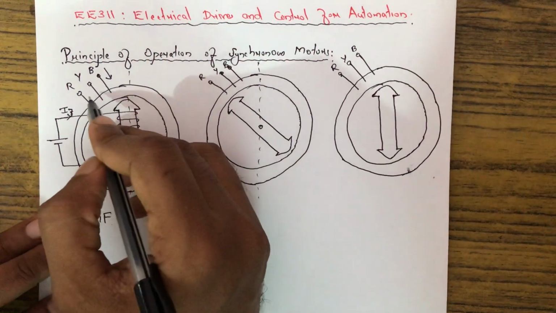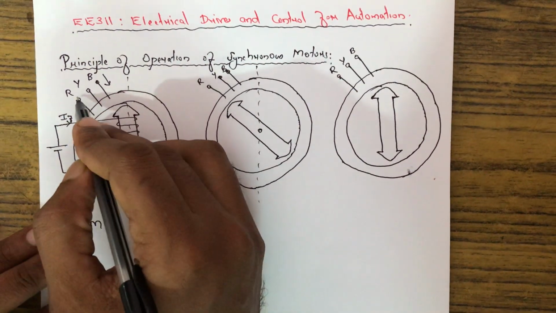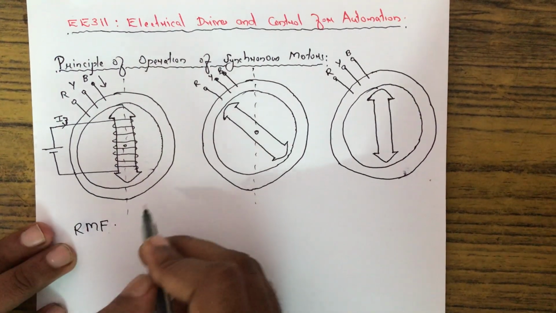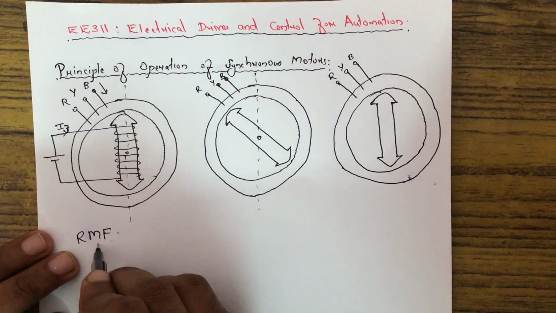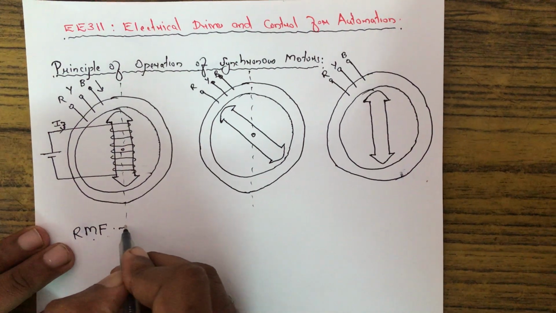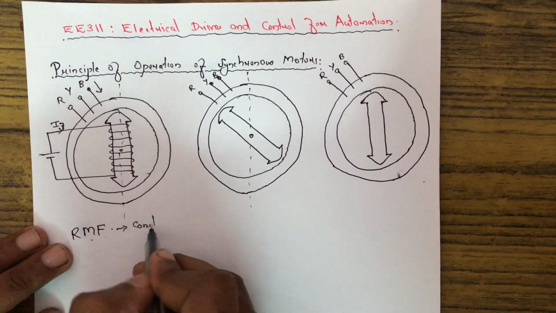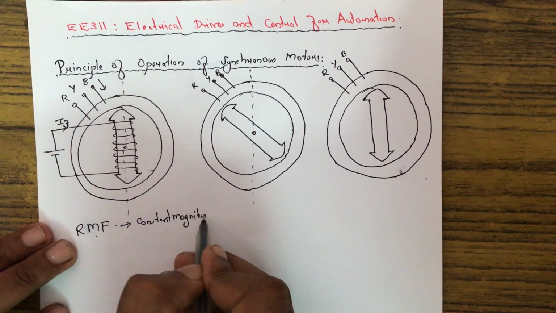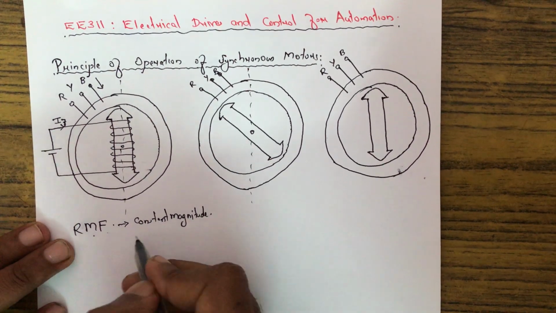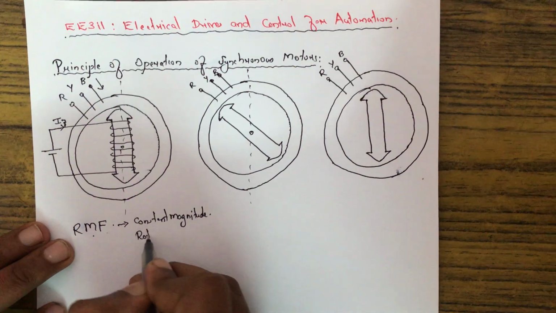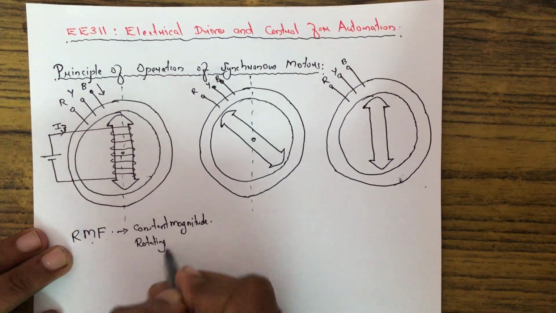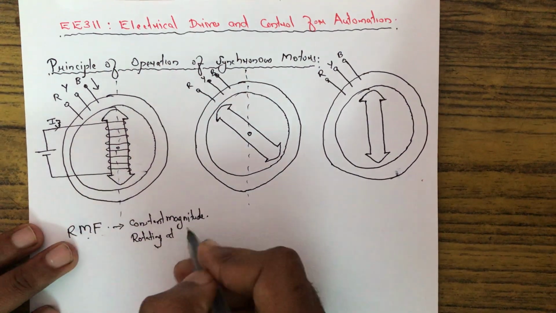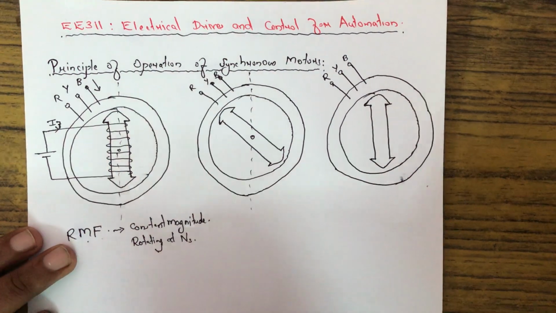Okay, so now consider that whenever we apply a three-phase supply to the three-phase winding, a rotating magnetic field of constant magnitude is produced, and this magnetic field will be rotating at synchronous speed.